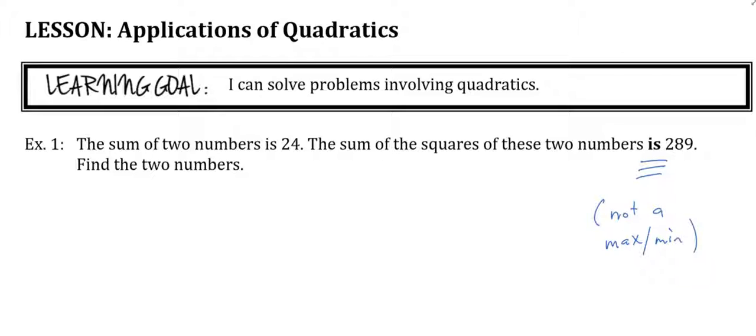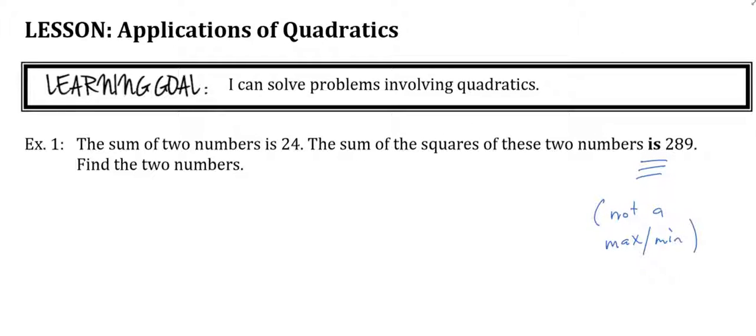When it says the sum of the squares is a maximum, you'd complete the square. When it says the sum of the squares is 289 or some other number, then we're doing it a very different way. We're doing it with factoring and the quadratic formula like we've done in this unit.